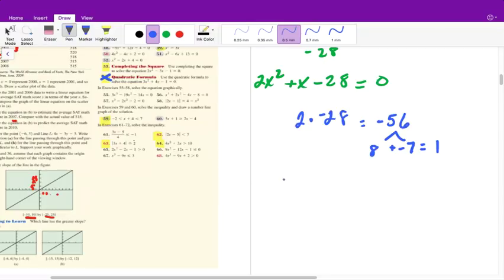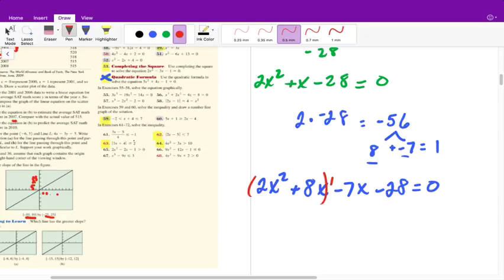And then you rewrite exactly what you have, 2x squared, and it doesn't matter which one you write first, your 8 or your 7, but you write these two numbers with your x, so plus 8x, and then minus 7x, minus 28 is equal to 0. And then we do factor by grouping. So we group the first two together, and we group the second two together. We factor out a 2x, so it'd be x plus 4.